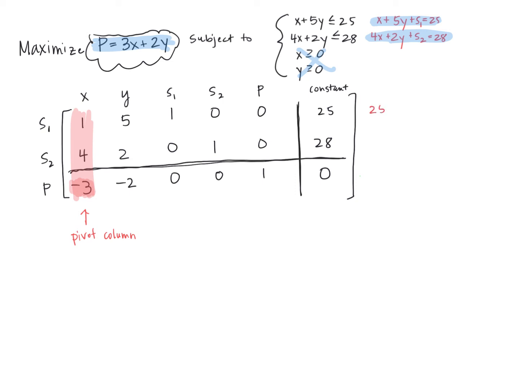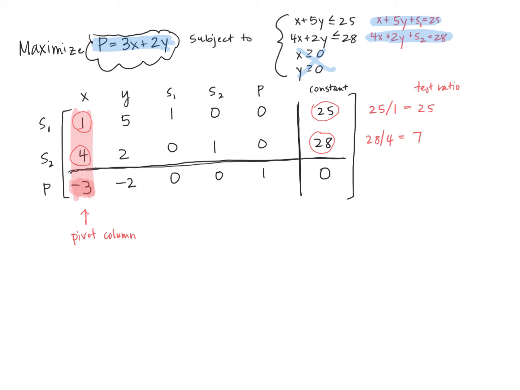So 25, that's my constant, divided by 1 is just 25. Then you do the same thing for the next row: 28 divided by 4 is 7. To identify your pivot row, you find the smallest test ratio. The top one was 25, the second one was 7. 7 is smaller, so the second row is going to be your pivot row.